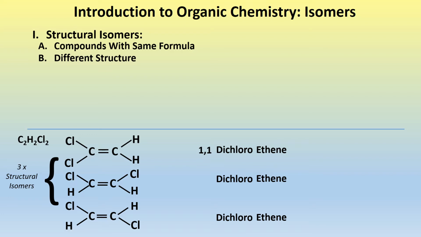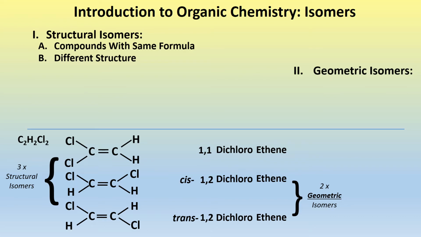The other 2 compounds have chlorines on opposite sides and are therefore 1,2-dichloroethene. As you may recall from your study of coordination compounds, these are geometric isomers, with the cis compound having the chloride ions 90 degrees apart and the trans isomer being 180 degrees apart.